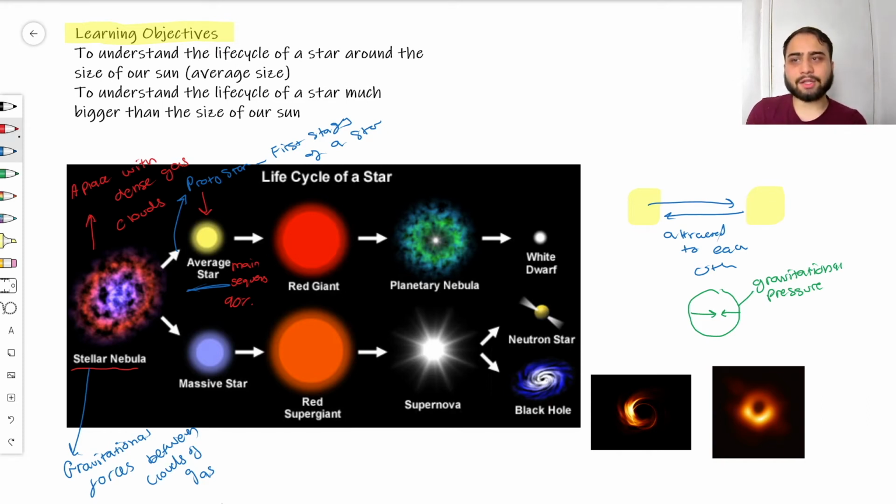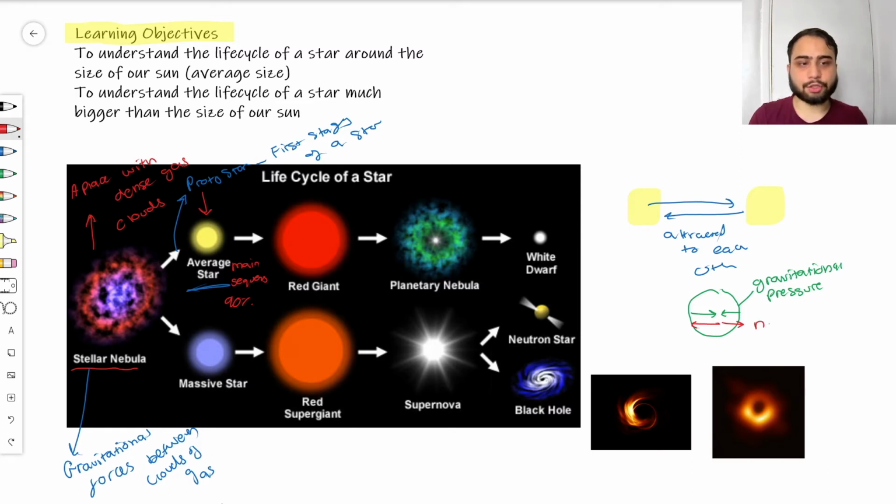Now, when you force together particles really closely, something called nuclear fusion happens. Now, nuclear fusion is when you join together two light nuclei to form one big nucleus, right? And the result of this is energy being released. So this gravitational inwards pressure is also balanced by an outwards nuclear pressure.